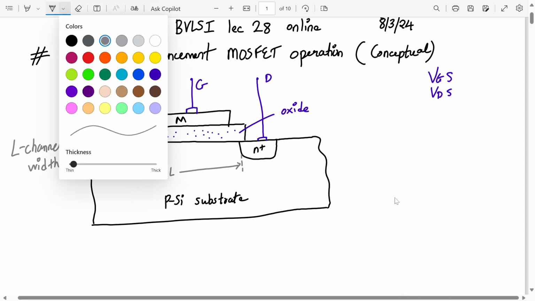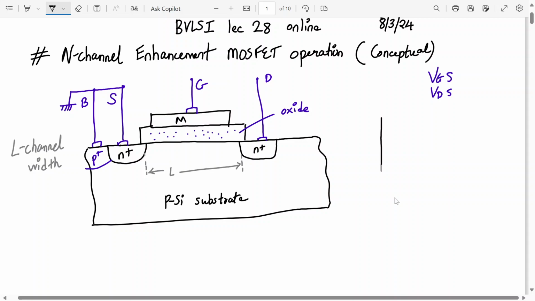So first of all, let me draw the output characteristics. So output characteristics of the MOSFET is between VDS and ID. Correct. Now what is the condition for this MOSFET to form the channel? Anyone remembers the condition?